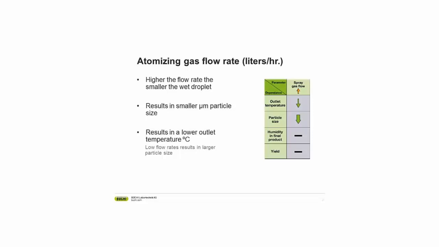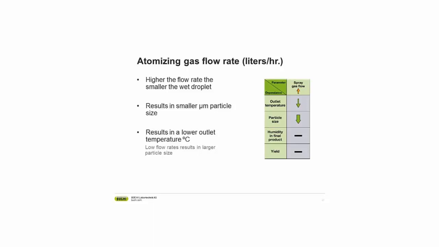Now, let's talk about the gas flow rate. The higher the flow rate of your spray gas, the smaller the droplets will be and the smaller the particles will be. It also will result in a lower outlet temperature. Generally, what we often see is that customers who want to have big particles try to decrease the spray gas flow.